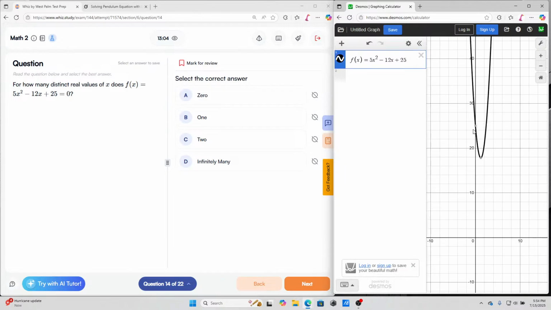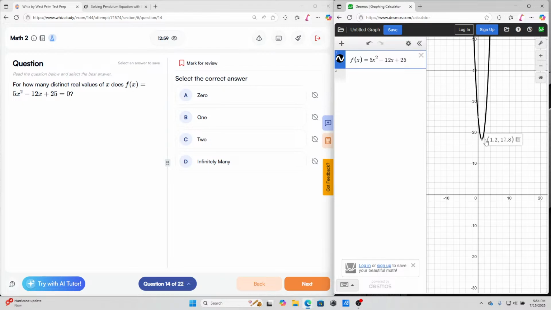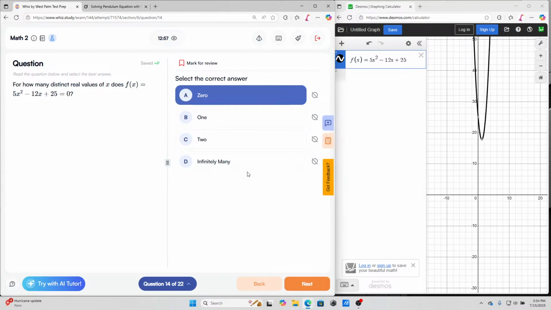How many times does this equal 0? 0 times. 0 times right here.